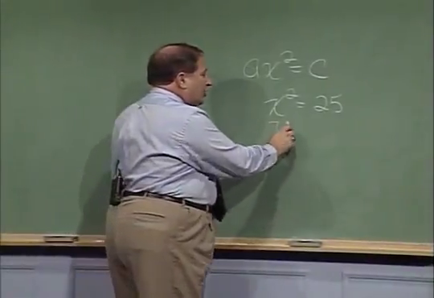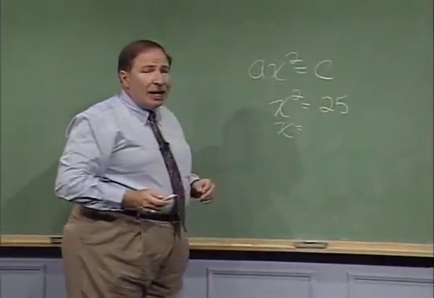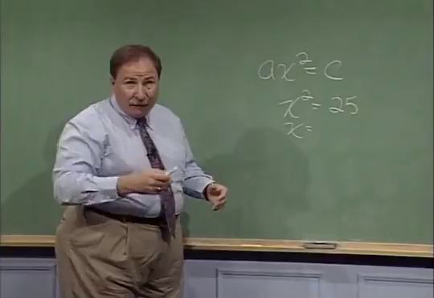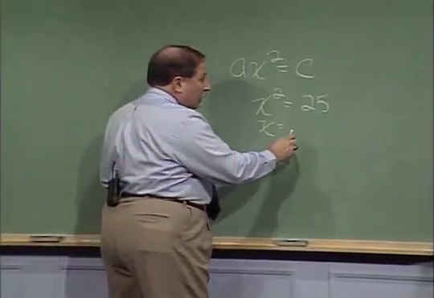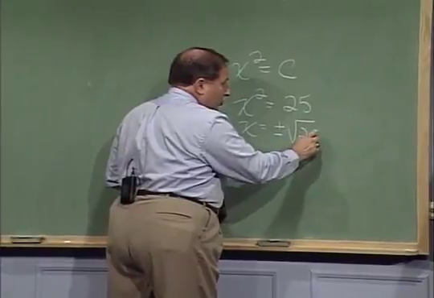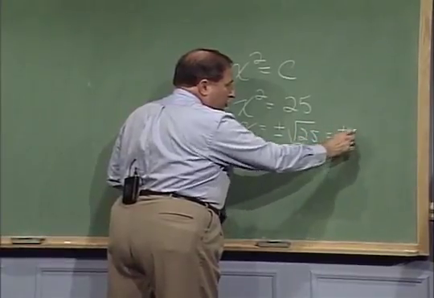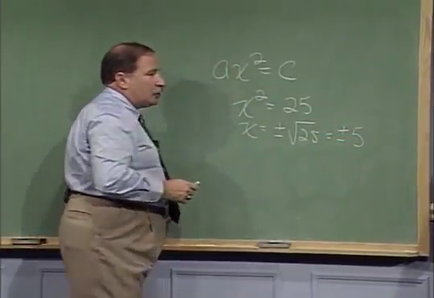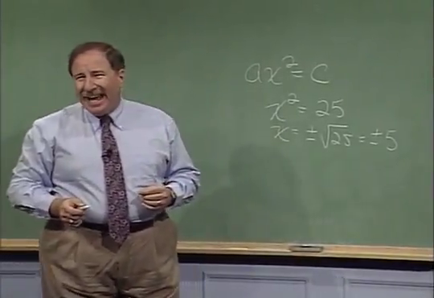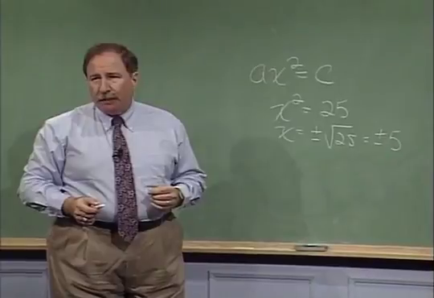We're going to get x is equal to 5 as well as negative 5, since negative 5 times negative 5 is 25. The way we write that is plus or minus the square root of 25, which is plus or minus 5. That is, positive 5 and negative 5 would both be answers to this particular kind of problem.